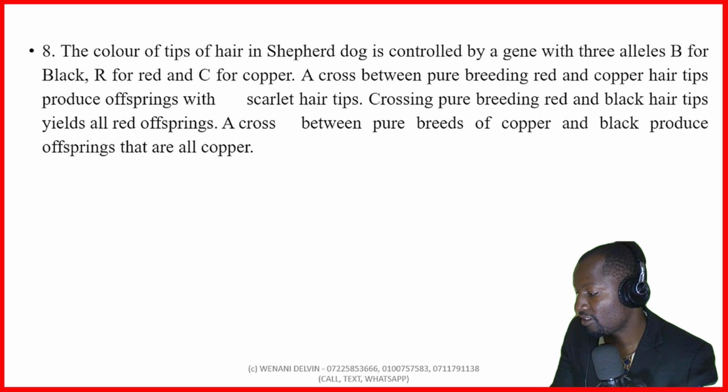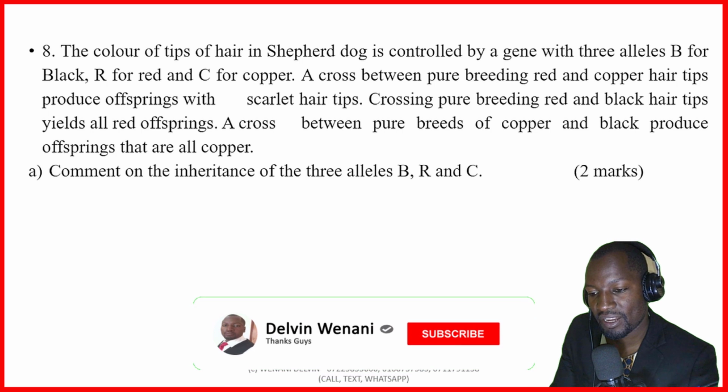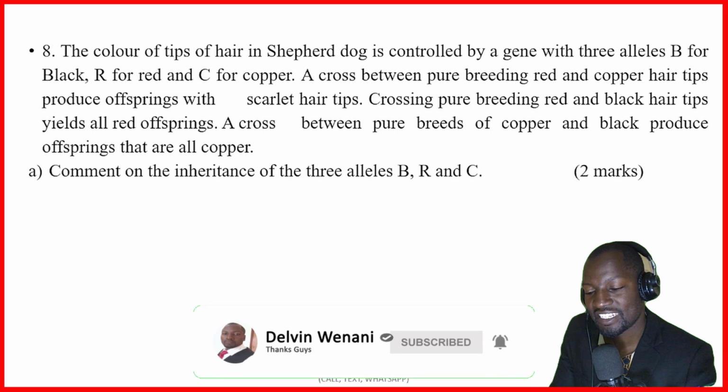So question: comment on the inheritance of the 3 alleles, B, R, and C. From what I've given you there, a cross between pure breeding red and copper hair tips will produce offspring with scarlet hair tips.